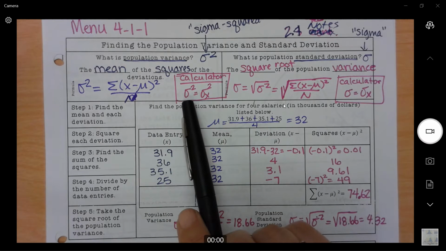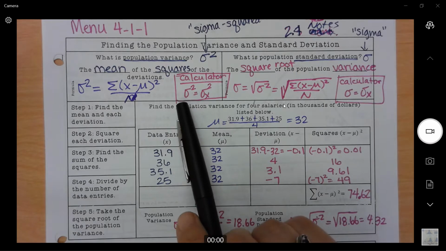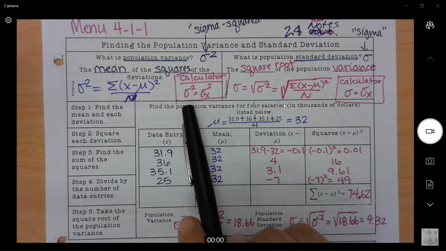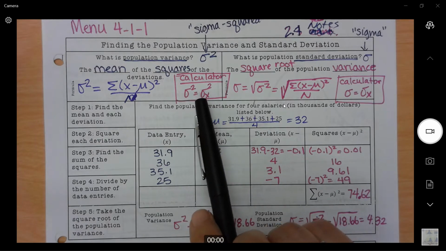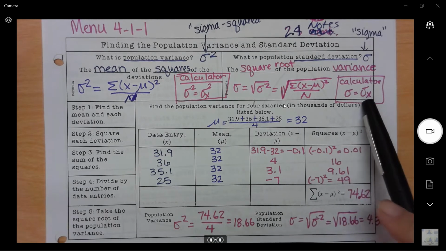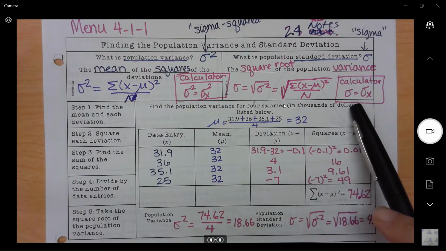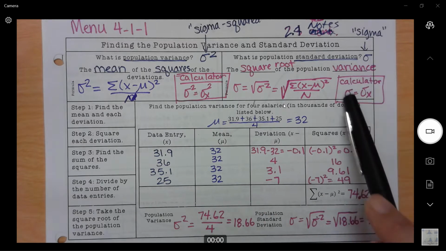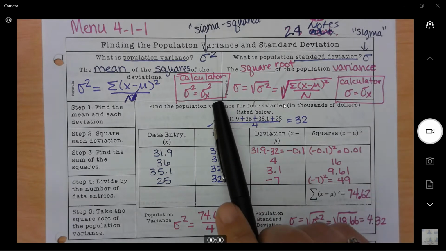On your calculator for the TI Inspire, sigma, which is what this little funny looking O with a tail is called, sigma squared is not going to show up on your calculator. Sigma with a sub x will be what you'll see on your calculator. To get sigma squared, you actually have to take this answer that your calculator gives you and physically square it in a different calculator mode.